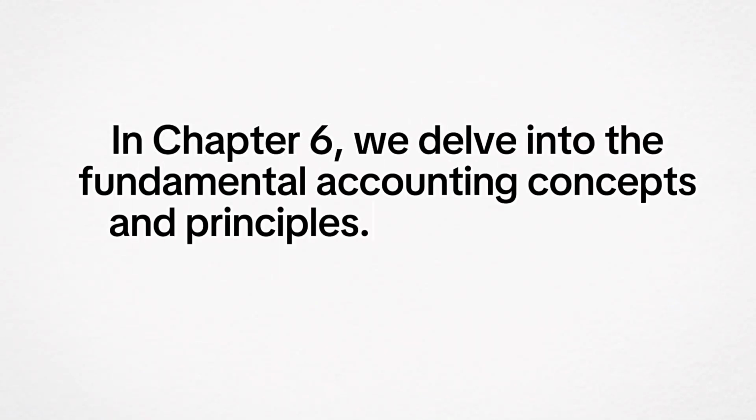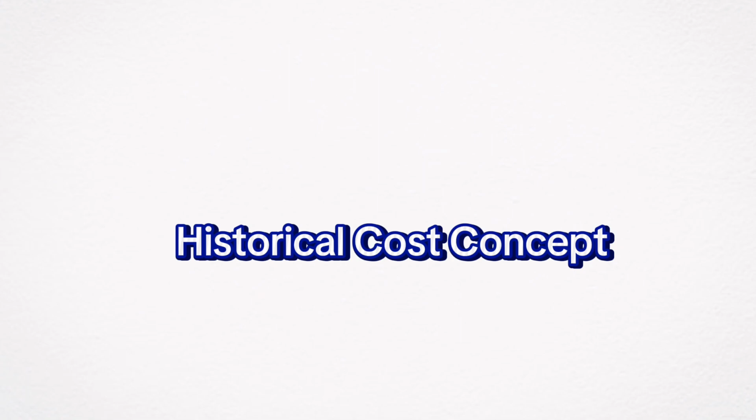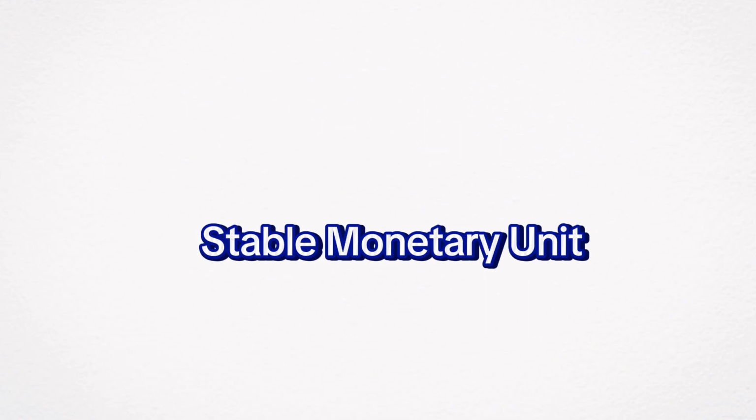In Chapter 6, we delve into the fundamental accounting concepts and principles. These concepts include the following. First, separate entity. Second, historical cost. Third, accrual basis. Fourth, matching principle. Fifth, cost-benefit. Sixth, materiality concept. Seventh, full disclosure principle. Eighth, stable monetary unit.